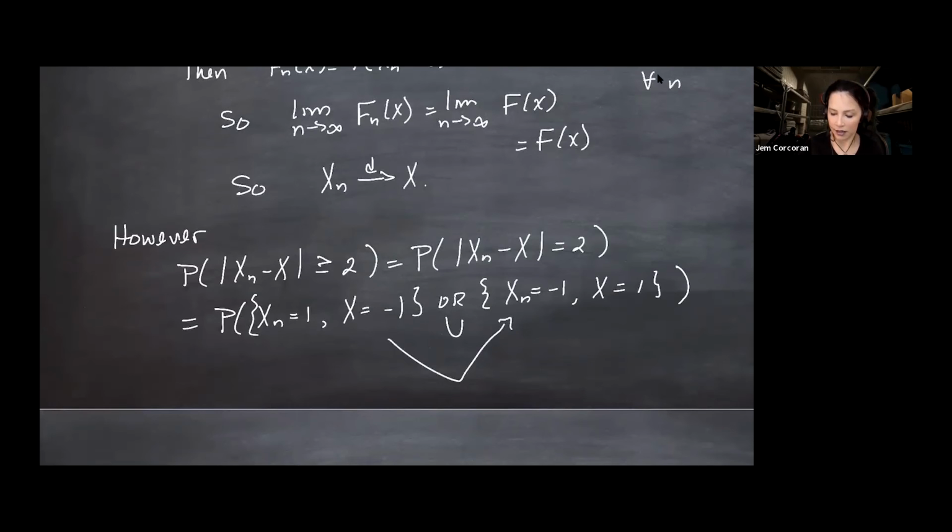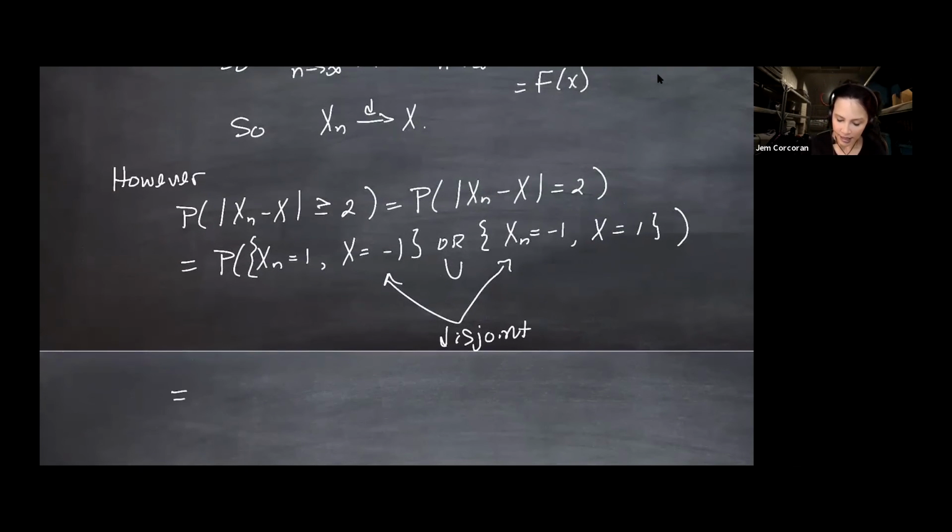You can't have x_n equaling 1 and x equaling -1, and at the same time having x equal +1. And so this is the probability x_n equals 1 and x equals -1, plus the other guy, the probability x_n is -1 and x equals 1.